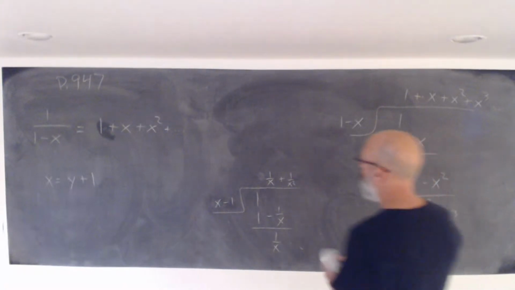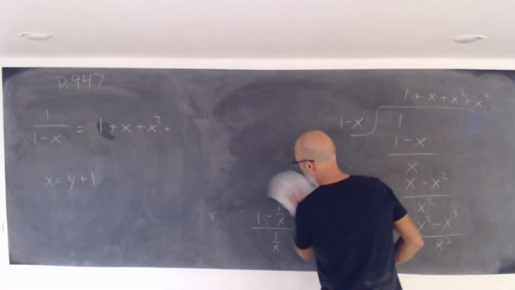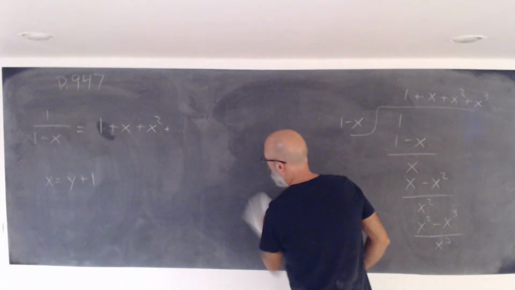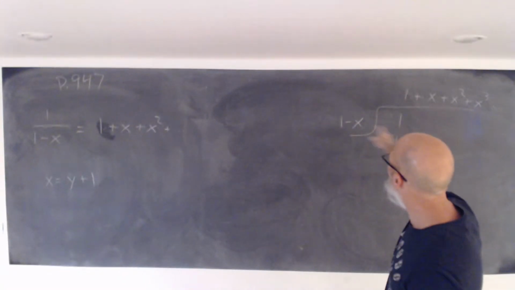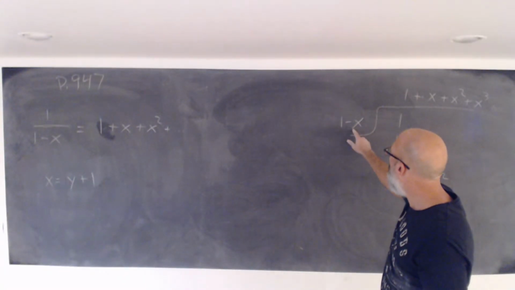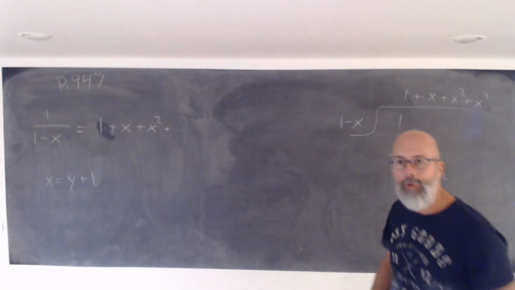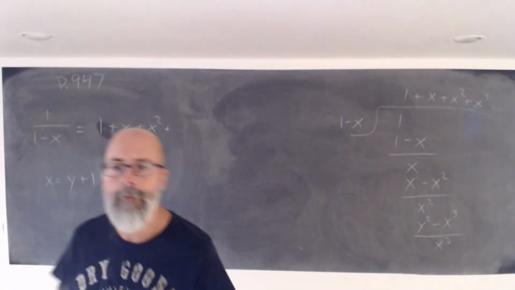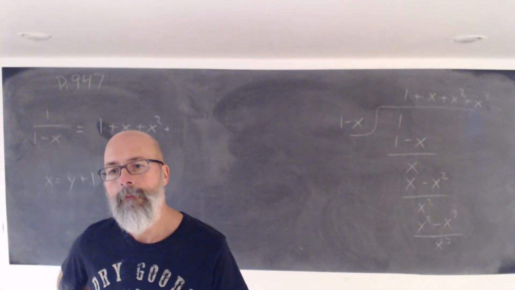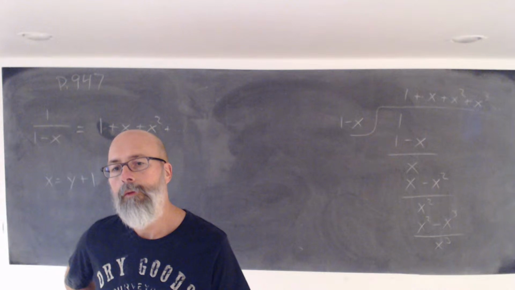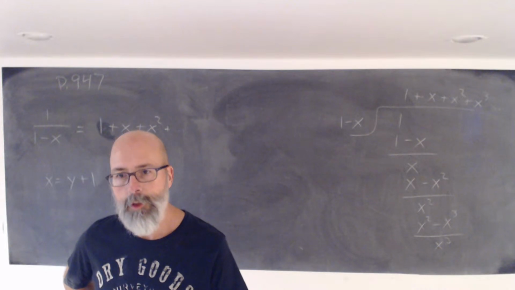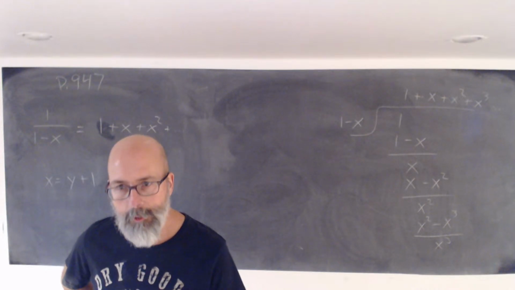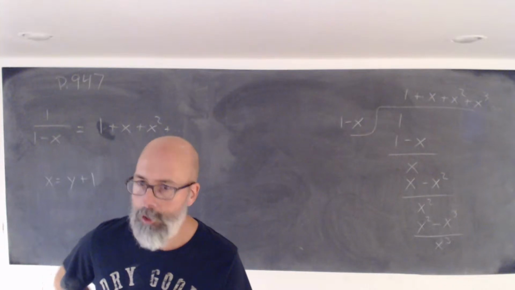If you do long division, 1 divided by 1 minus x, you get this nice series. If you take x plus 1 minus 1 altogether and treat x plus 1 as a single variable, fine, sure.